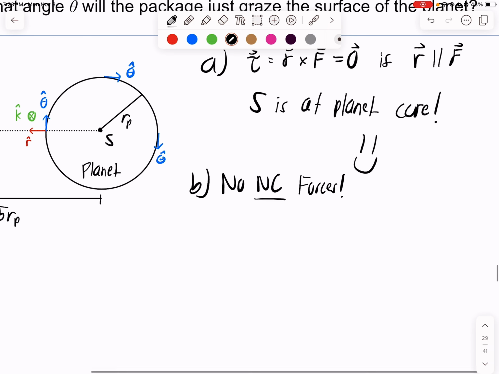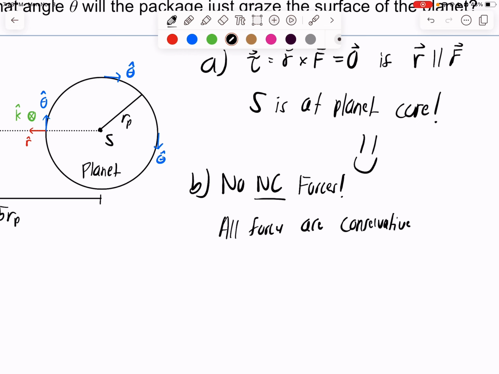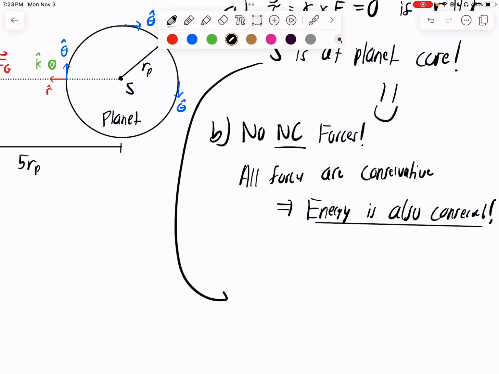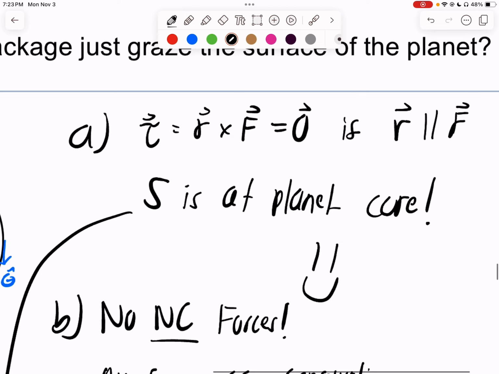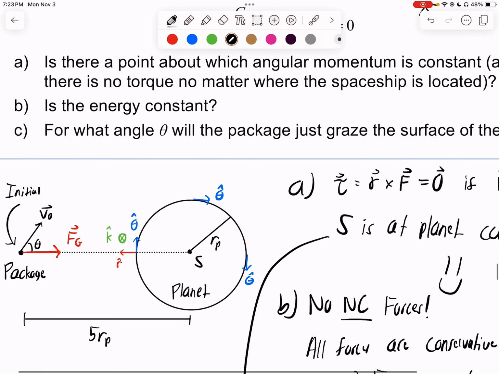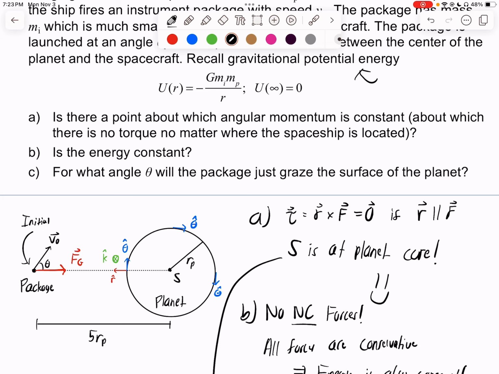So, all forces are conservative, which implies energy is also conserved. And I say also because if we put our pivot S at the planet core, that means angular momentum is constant.